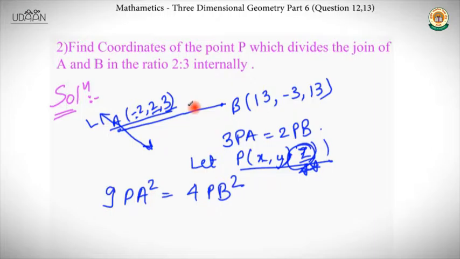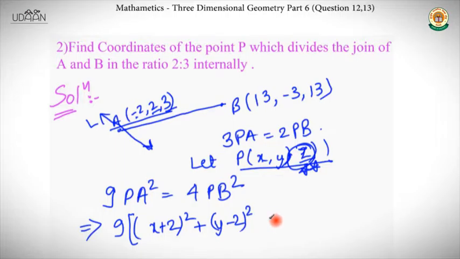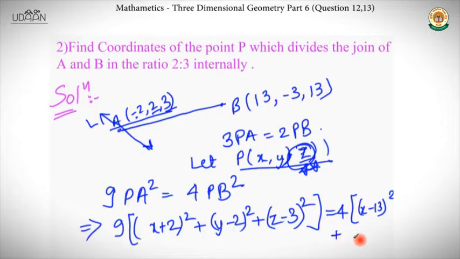So this would yield us 9 times [(x plus 2) whole square plus (y minus 2) whole square plus (z minus 3) whole square] equal to 4 times [(x minus 13) whole square plus (y plus 3) whole square plus (z minus 13) whole square].